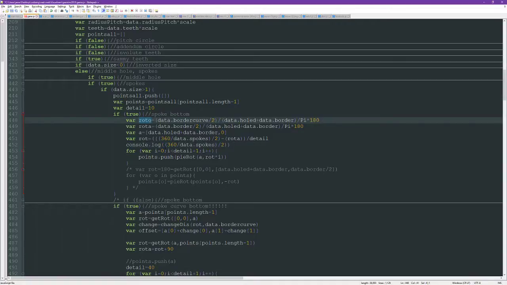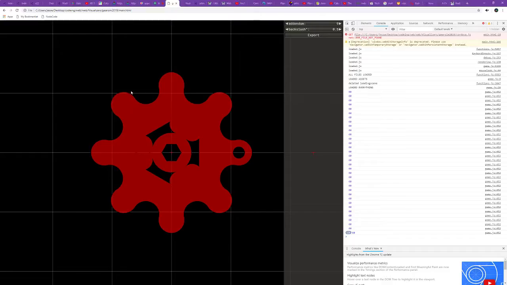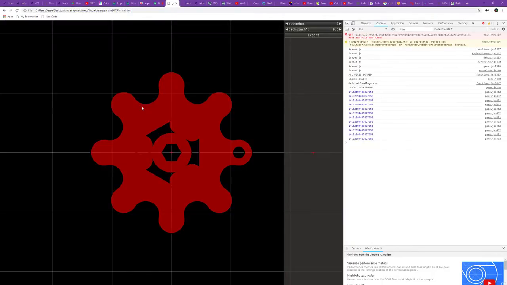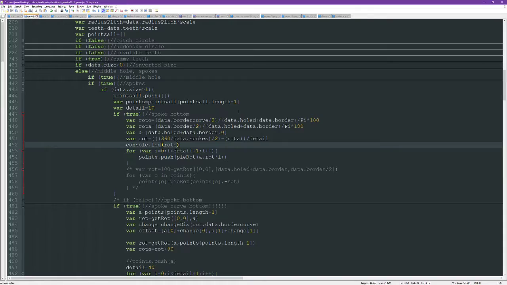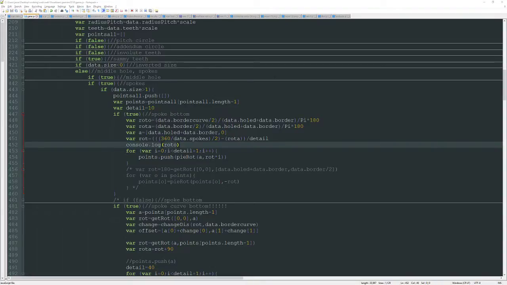What is Roto? 14.32. Wait, what did I do? How did I? Oh yeah, intersections of curves.